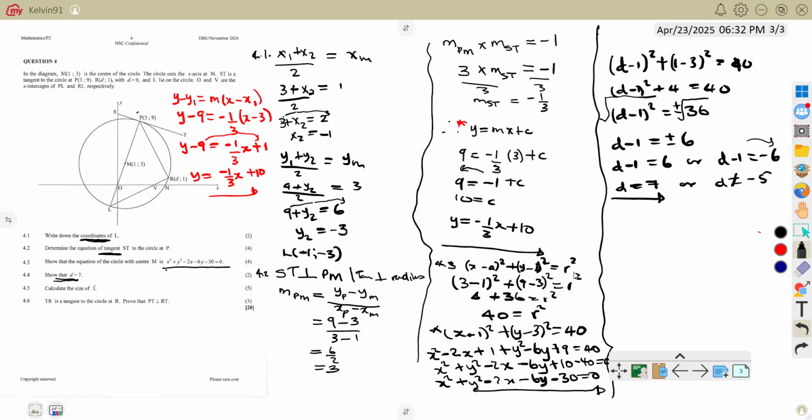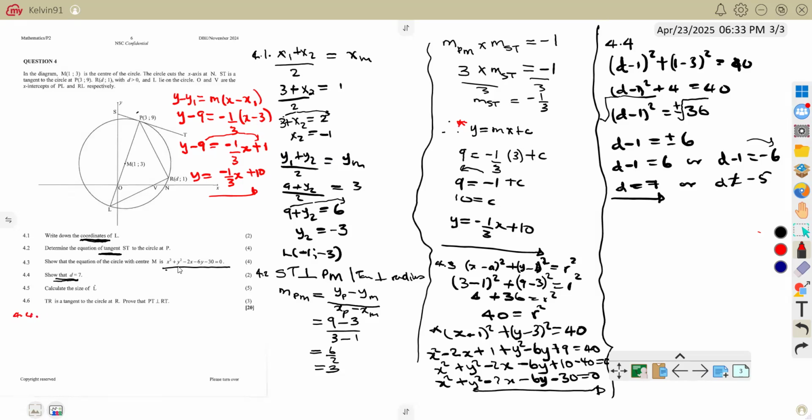Still on that question, that was 3.4.4. One would come and substitute those values in the expanded form of the equation. So to solve that one, you can use this expanded form of the equation. You substitute where there's x, put D. That is question 4.4.